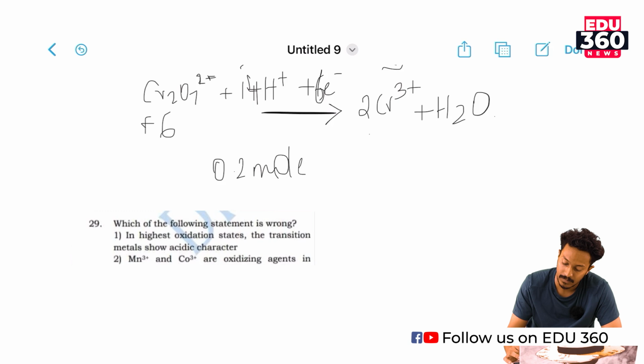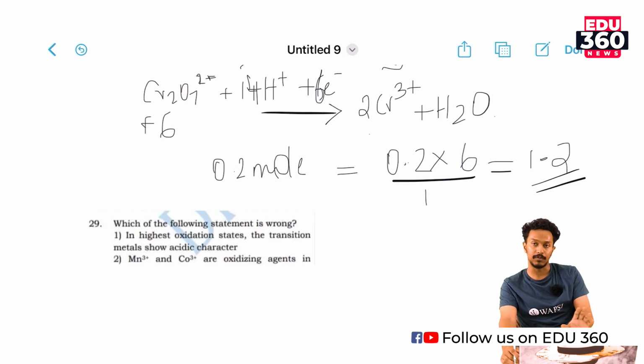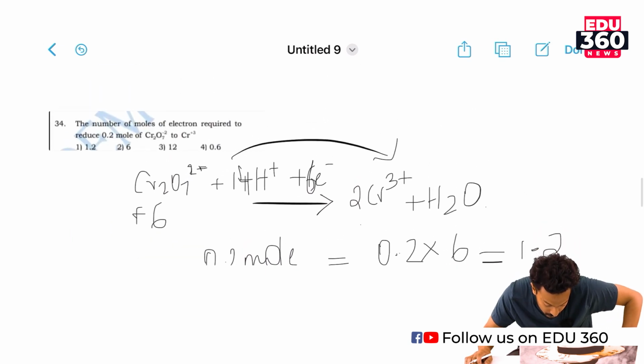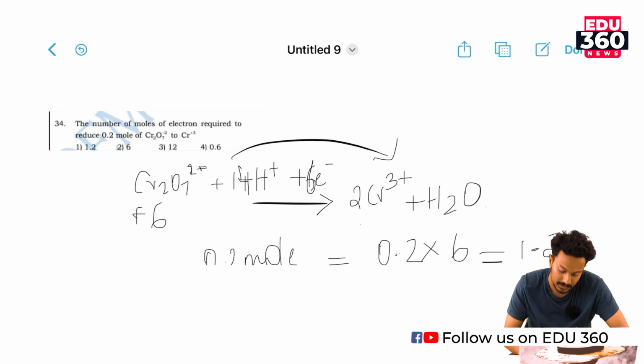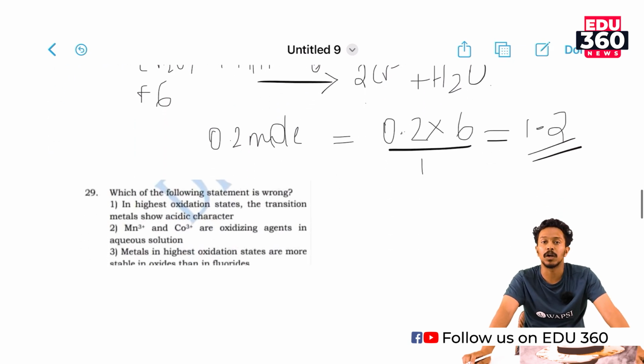We get 0.2 into 6 divided by 1, which is 1.2. 1.2 moles of electrons are required to convert 0.2 moles of Cr2O7 2- to Cr3+. So the option would be option number 1, which is 34(1). Okay, this is the correct option.